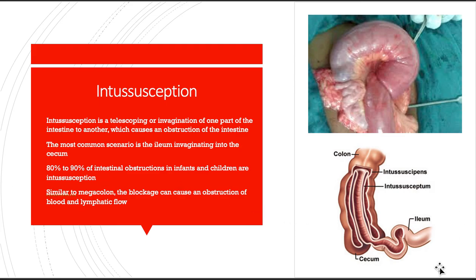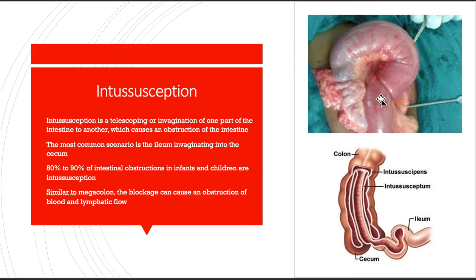All right, so intussusception, I mentioned this once already with the Meckel's diverticulum. So intussusception is where it telescopes in, right? So you've got this piece of the intestine just folded up on itself. Well, what happens though is that it can't go anywhere, okay? So this is not really an opening here. It's folded up on top of itself, and this is what it looks like.